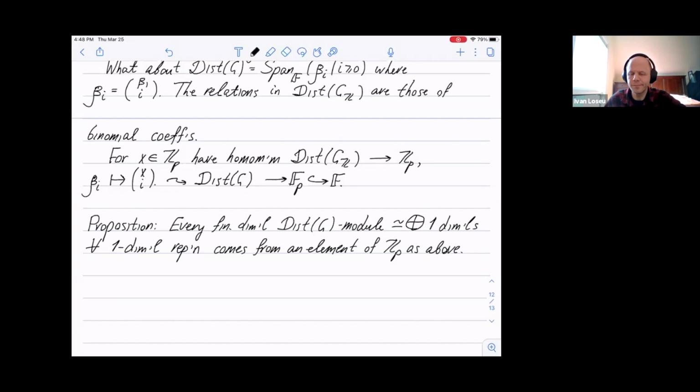Okay. So in particular, we again see that not every representation of the distribution algebra comes from a representation of the corresponding algebraic group. Questions, please.